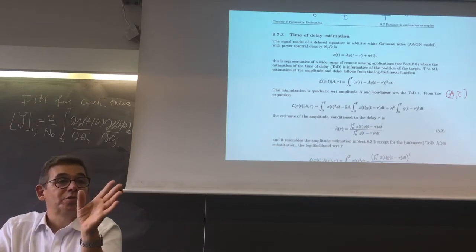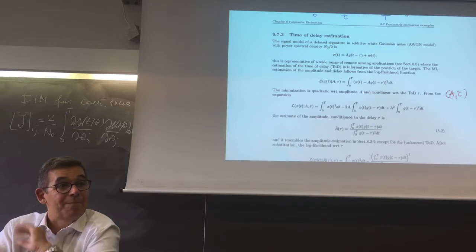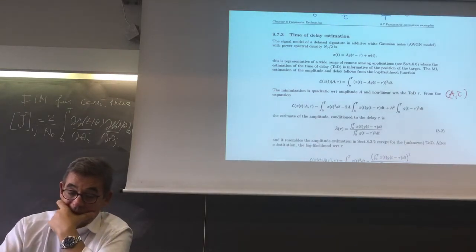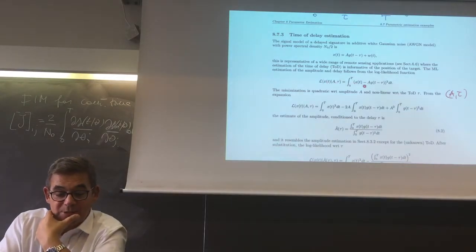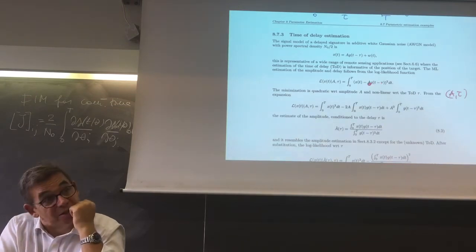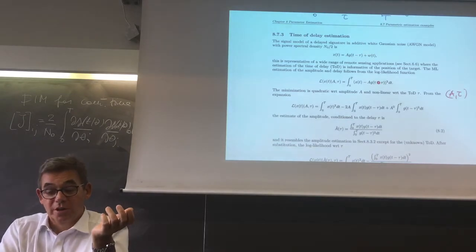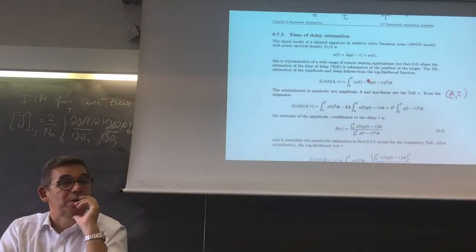And I leave it to you to calculate the maximum likelihood method for known amplitude. That means that I need to optimize this function with respect to amplitude and delay. Amplitude is linear. Delay is hidden in the waveform. So what I do is I solve the quadratic part, which is the linear part.